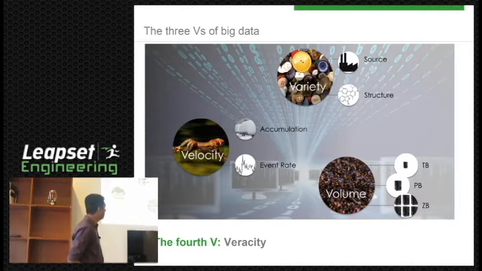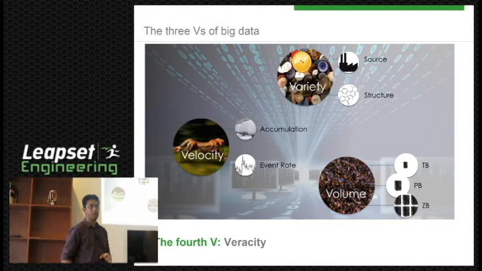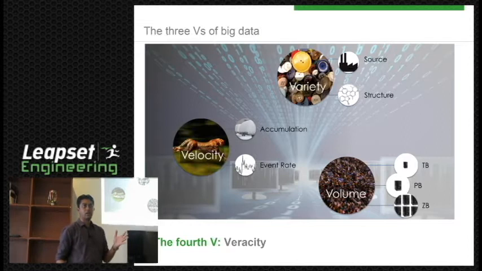As I said, if you only have gigabytes of data, you don't actually have a big data problem. In fact, one of my colleagues asked me, okay, we only have like 150 gigabytes of data, so why are we bothered with big data? I will answer that question in the coming few slides. So we are looking at large volumes of data, right?